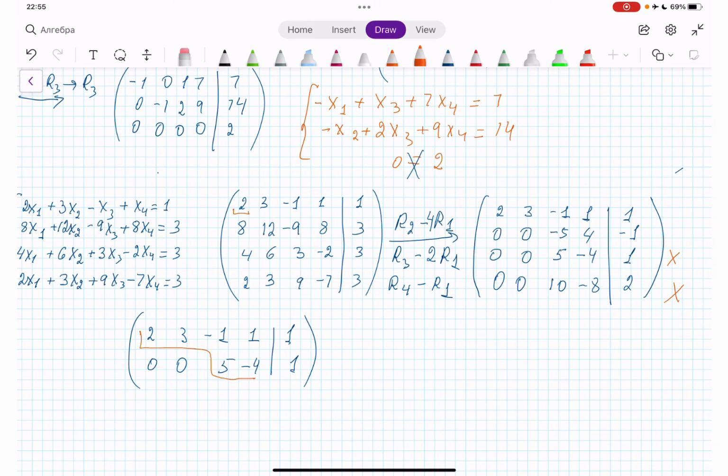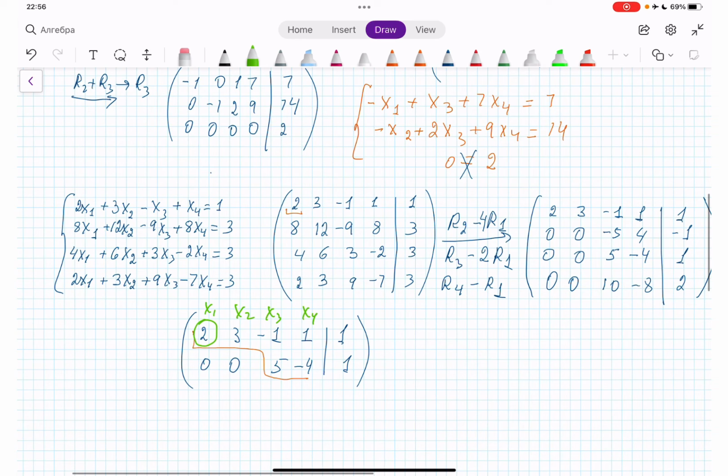And what is interesting, our leading coefficients are going to be the coefficient of x1, because we have x1, x2, x3, x4, right? Look at the original equation. This is how we got the coefficients of x1, x2, x3, x4.